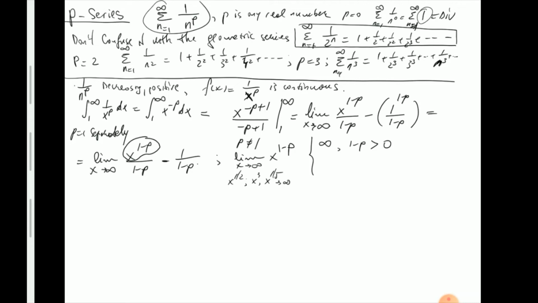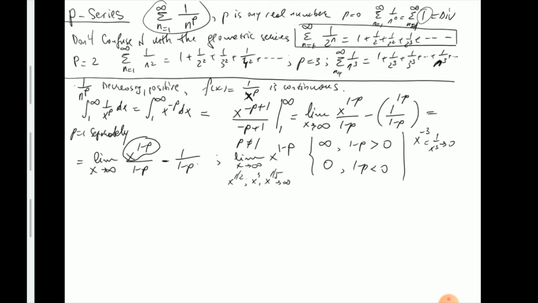Remember, p equals 1 is treated separately. And if 1 minus p is negative, the limit will be 0, because it will be like 1 over infinity. So for example, if you have x to the minus 3, that's like 1 over x cubed. It'll go to 0 if you have a negative exponent.